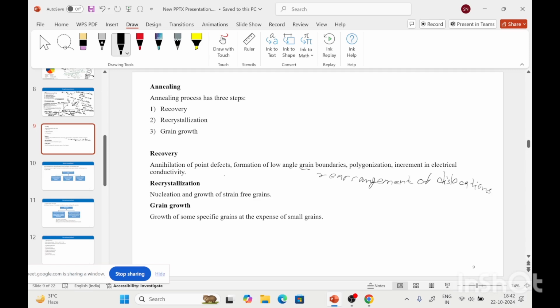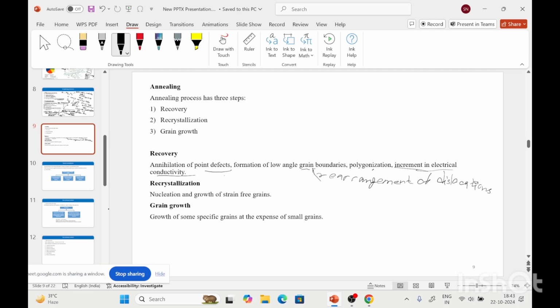Rearrangement of dislocations leads to formation of low angle grain boundaries and polygonization, and the increment in electrical conductivity, means as the point defects decrease, the electrical conductivity of the alloy will increase.